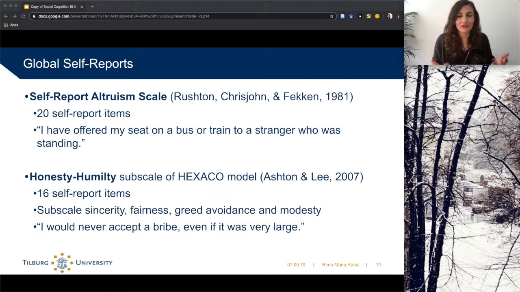And here we have 16 self-report items, and out of the honesty-humility subscale, there's again a subscale for sincerity, fairness, avoiding greed, and being modest. And one of the example items for being an honest person is to say, I would never accept a bribe, even if it was very large.